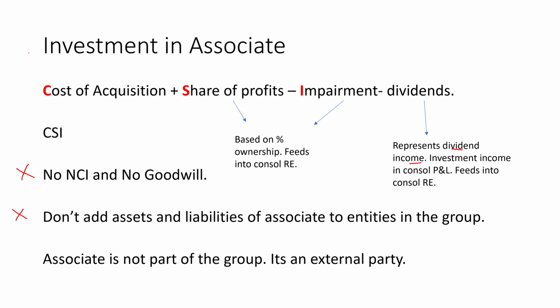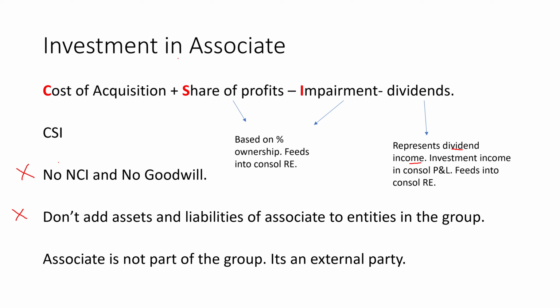Okay, now for investment in associate, I'm just going to put my arrow on so I can see more clearly. Investment in associates occurs where you have an associate, and it's only one line in the balance sheet.